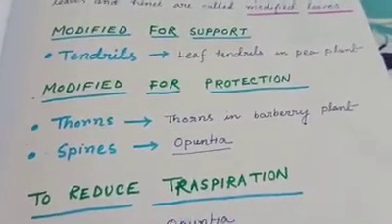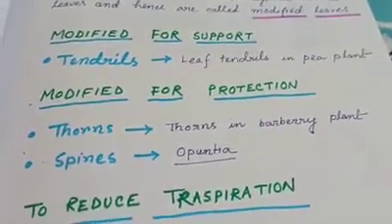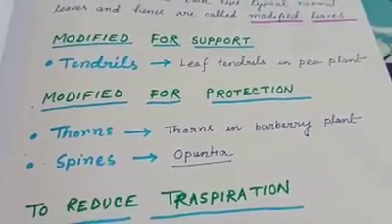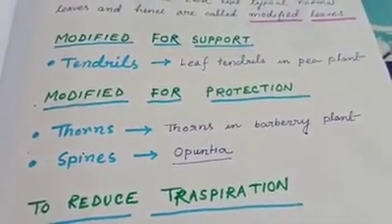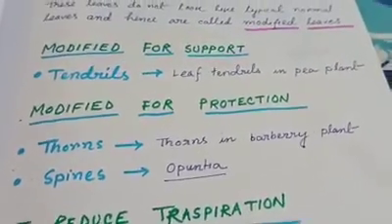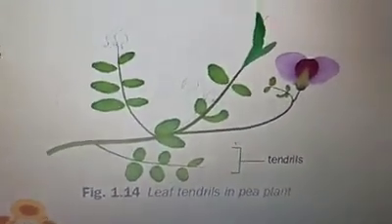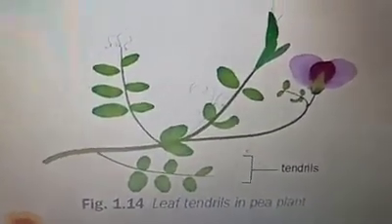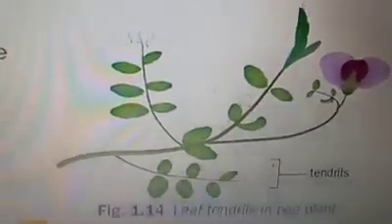It is not that they are modified for no reason. They perform many functions by their modification. So what are the functions? They can be modified for support. If you look at the tendrils of a pea plant, just look at the picture. It is a tendril of a pea plant which is modified for support.